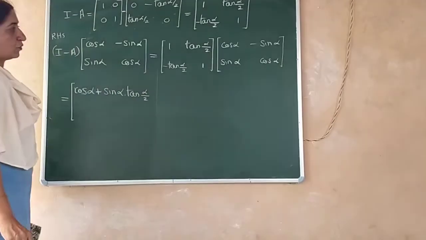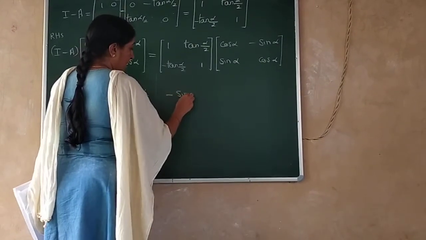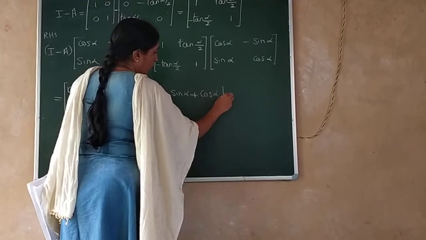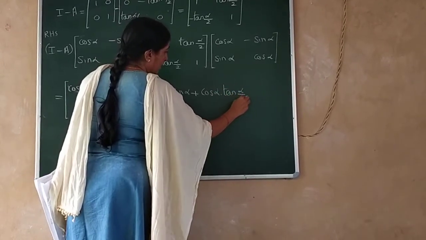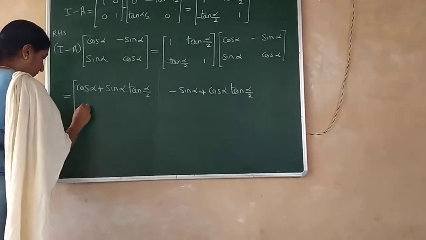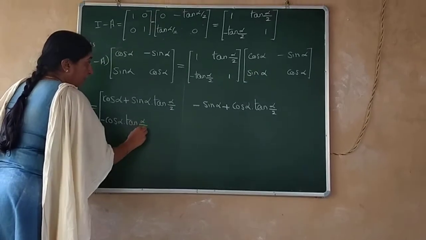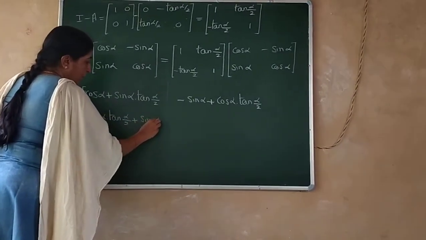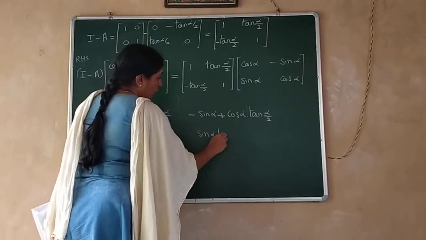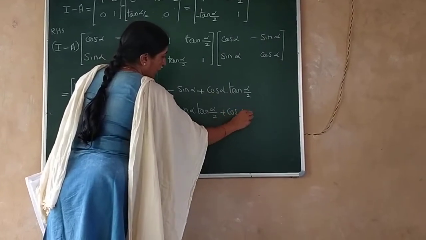First row with second column: minus sin alpha plus cos alpha into tan alpha by 2. Then second row with first column: minus cos alpha into tan alpha by 2 plus sin alpha. Next: sin alpha into tan alpha by 2 plus cos alpha.